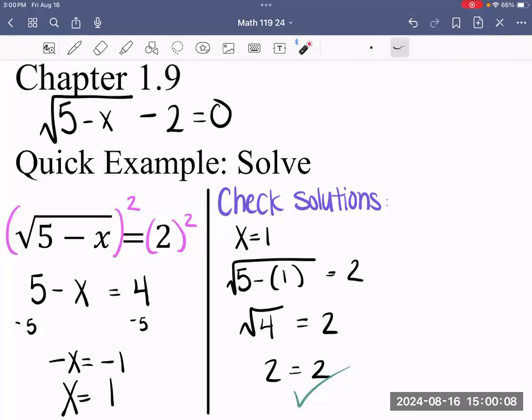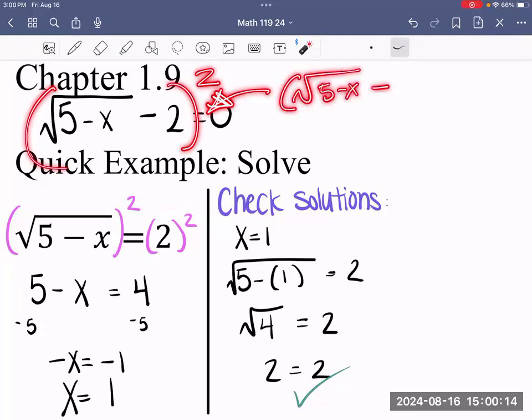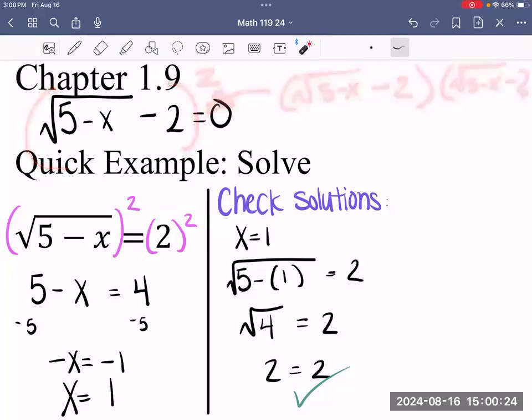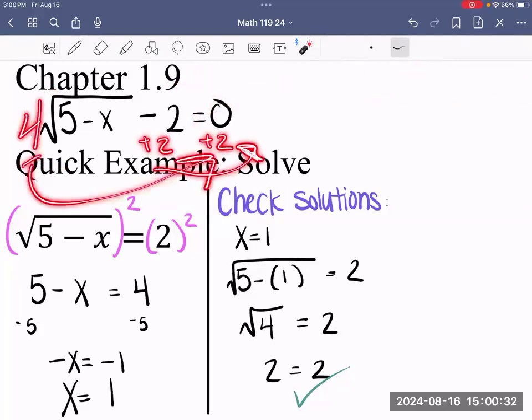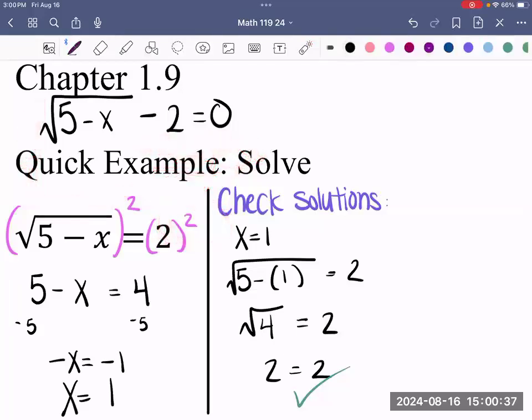If you square it here, you're going to have to FOIL this out, because there are 2 of them based on the way you decided to square. Squaring too early can get a little complicated. So instead, add anything that's on the outside over to the other side. Even if it's a coefficient, bring it over to the other side first, and then you square it.